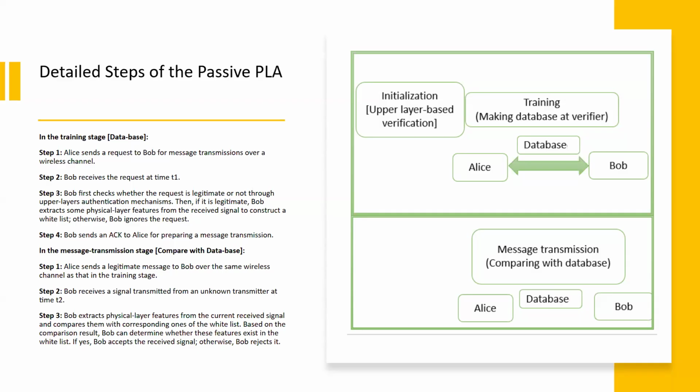Since I have some initial trust in this user, I start extracting and storing his physical layer features or characteristics from the received signal. The reason is to build a whitelist, a database of the features related to that user. Then step 4: Bob sends an ACK to Alice for preparing a message transmission.